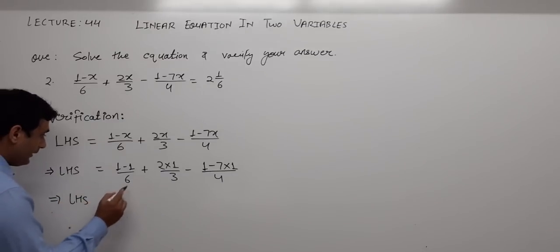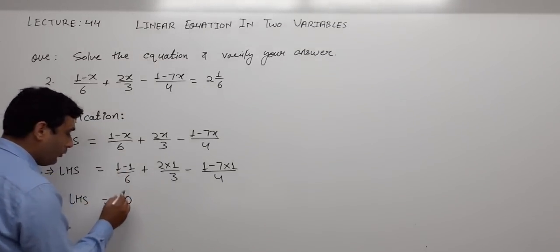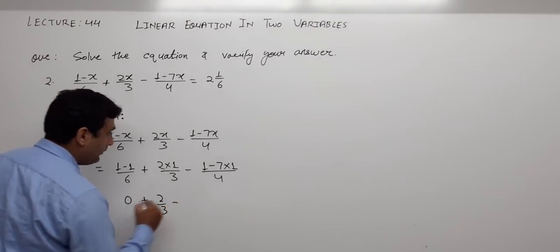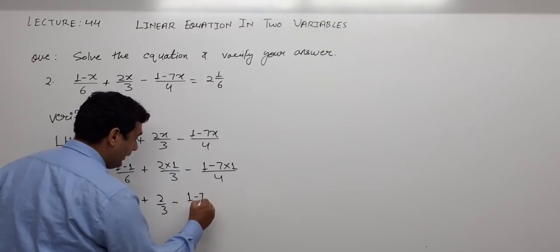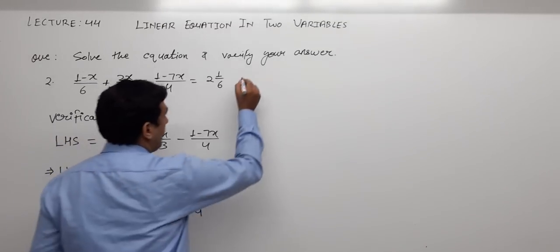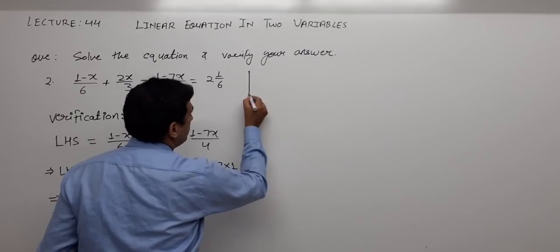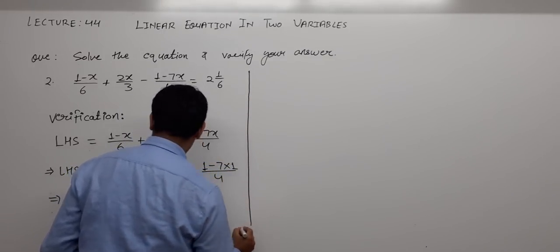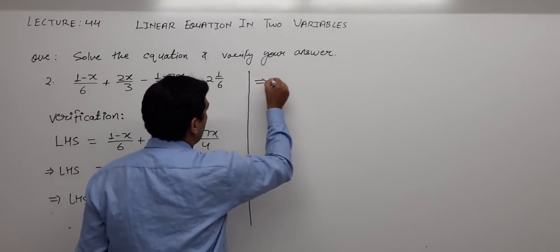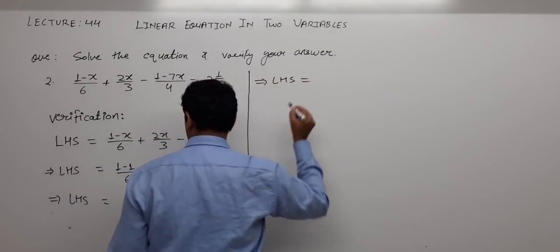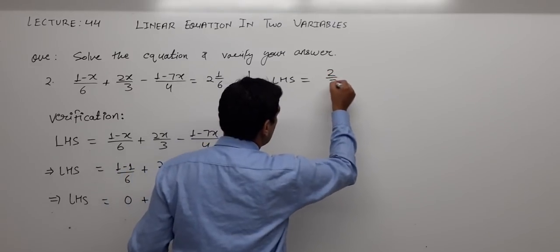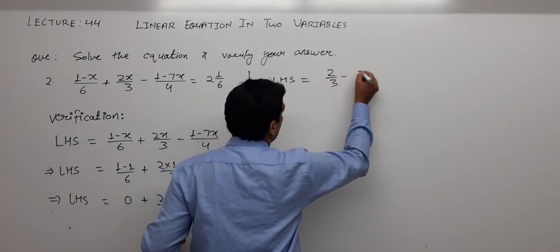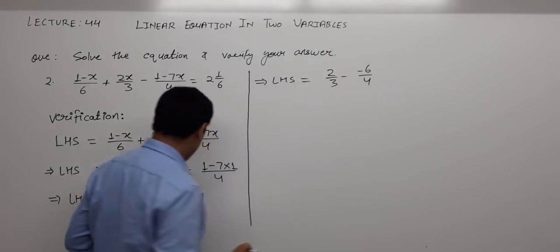On solving it further, here 1 minus 1 is 0, so 0 upon 6 is ultimately 0. Here I will get 2 upon 3 minus 1 minus 7 upon 4. Further, I will get left hand side is equal to 2 upon 3, minus 6 upon 4.